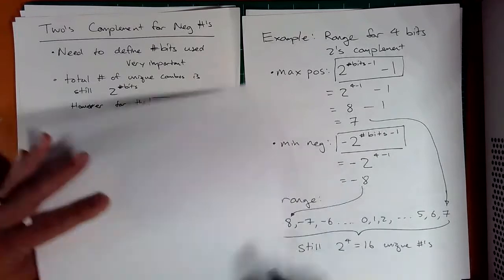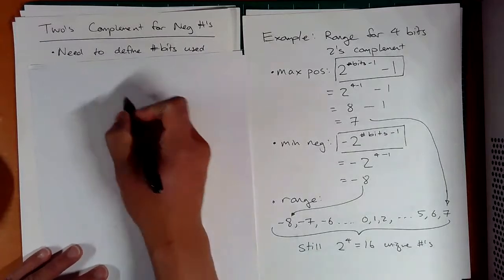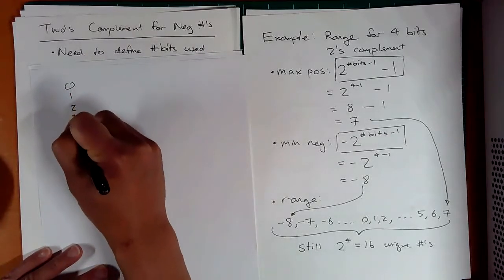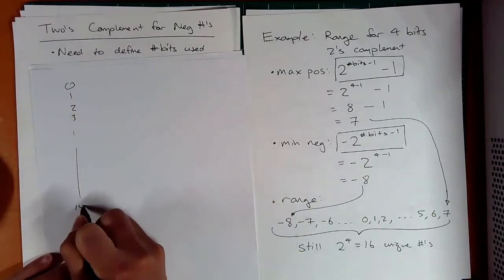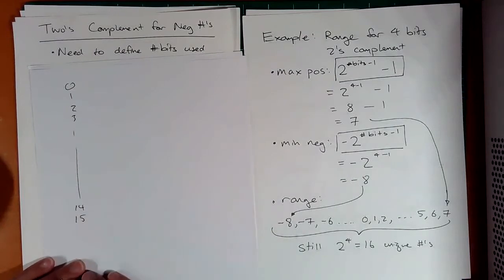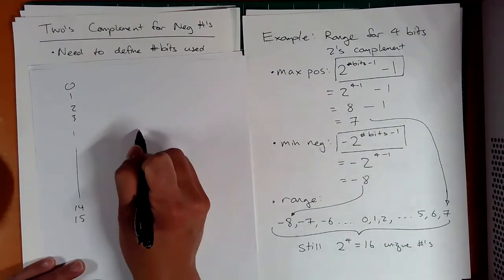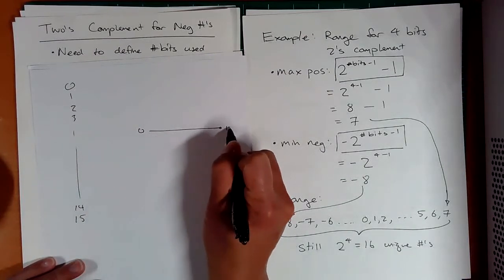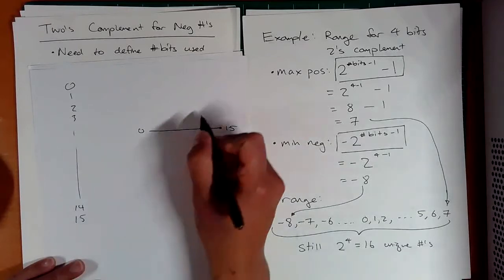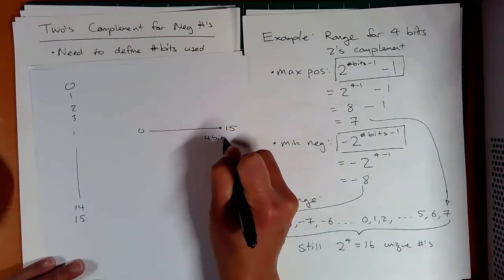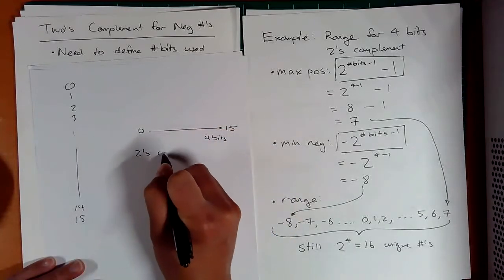Okay? Now, we've seen this already before, right? We've seen 0, 1, 2, 3, all the way down to 14 and 15. Maybe I'll do 0 through 15, okay? So this is 4 bits. But now with 2's complement, what are we seeing?